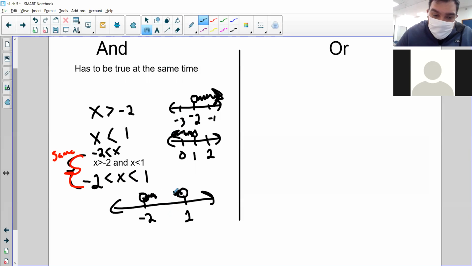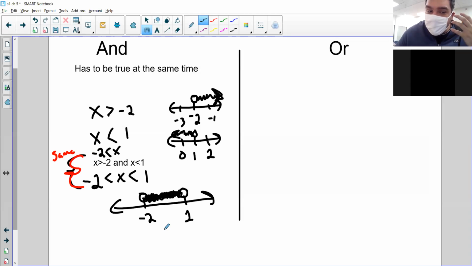Smaller than 1 is going to the left. So in this space in between is your solution set. Between -2 and 1 is the statement true? Yes. Whereas bigger than -2 and smaller than 1, only in the space between.